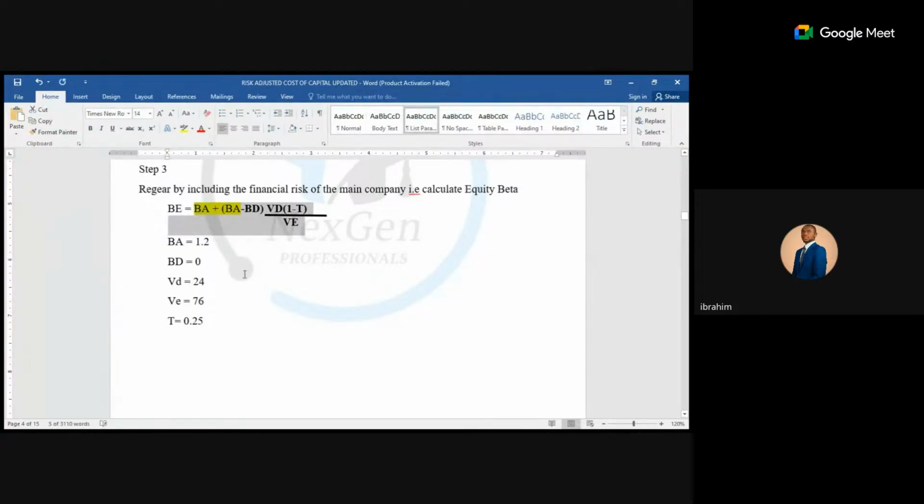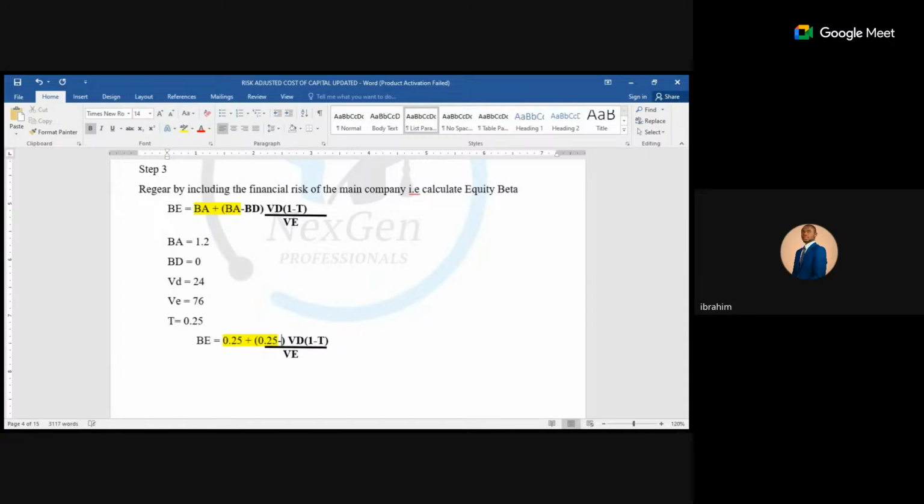You can copy this. Equity beta equals 1.2 plus 1.2 times, the beta debt is 0. Please, I need the final figure.